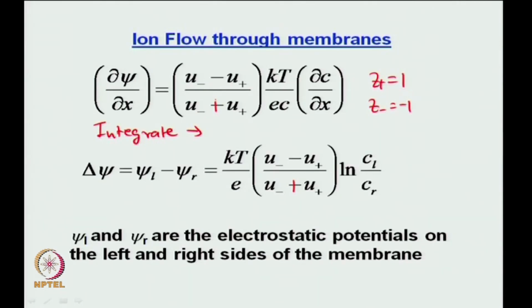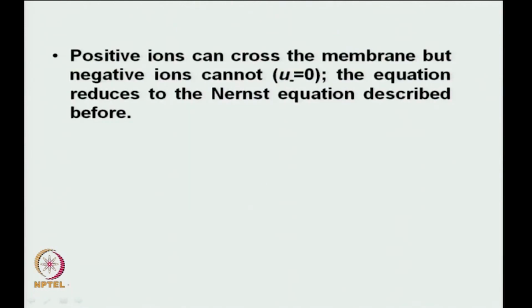This is the final form of your electrostatic potential difference between the left and the right side of the membrane. Now, how does it help you? Suppose you take a case where positive ions can cross the membrane, but negative ions cannot. That means the mobility of the negative ion can be taken to be 0.